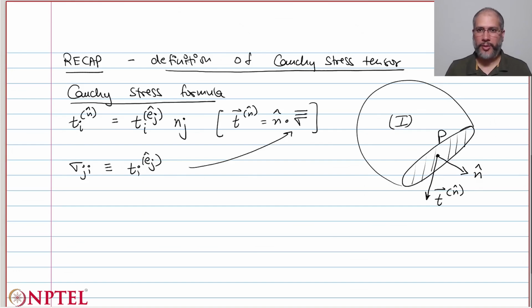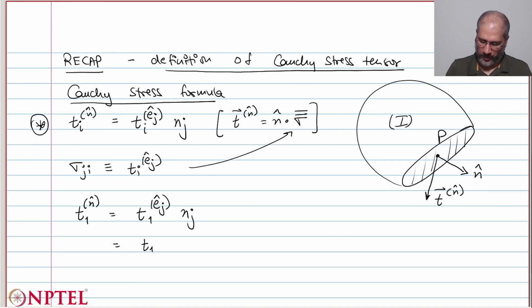Now this formula is very interesting in the sense that if I look at the index notation here, what I see is that I can write T1 on a cutting plane n hat as T1 Ej times nj, which when we expand gives T1 E1 times n1 plus T1 E2 times n2 plus T1 E3 times n3.